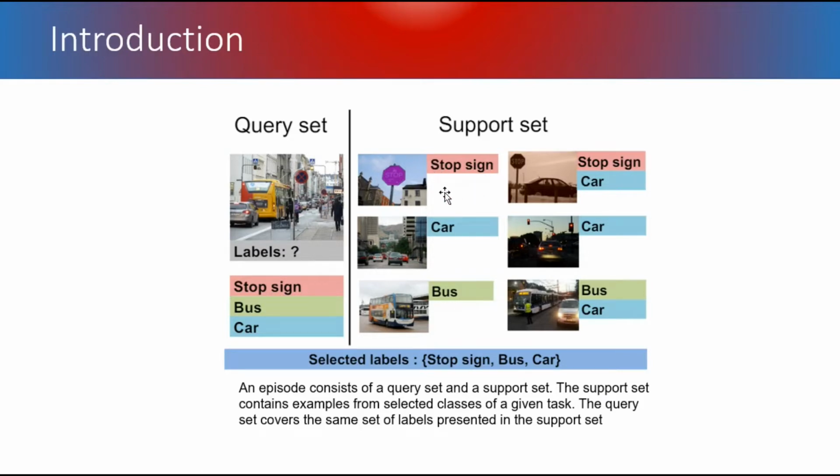There might be multiple objects and classes in one image, but we want to restrict the number of classes to be the same as the number of classes in the support set. For instance, we have stop sign as the reference and also car and bus, so we only apply labeling for these three classes.